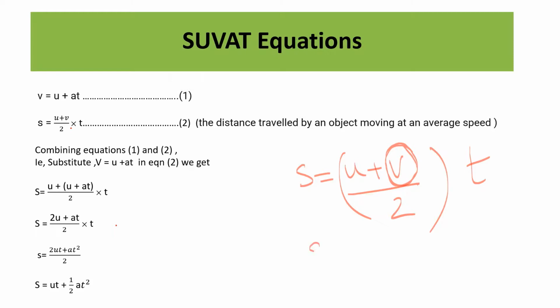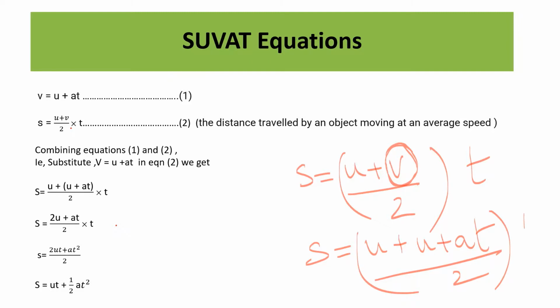Therefore, s becomes (u plus (u plus at)) by 2 into t. That is (2u plus at) by 2 into t, which is (2ut plus at squared) by 2. From that you can write s is equal to ut plus half at squared.